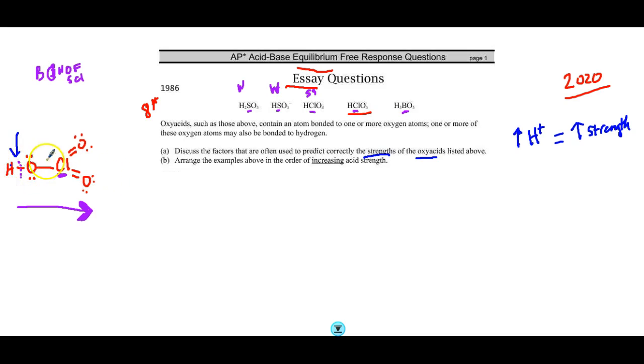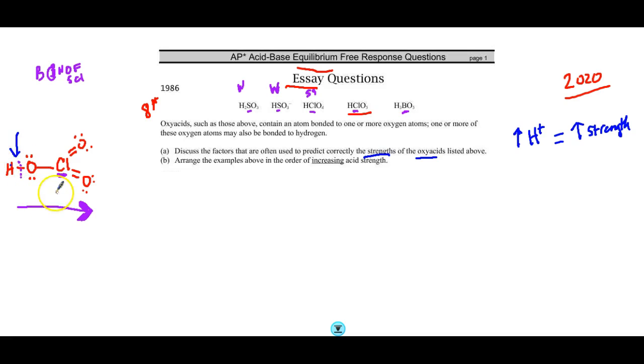As it pulls these electrons toward itself, it's polarizing, basically, this bond and weakening it. And so the more negatives you put over here, the more polarized it is, the weaker this bond. And so the more easily it breaks. It's about less energy. The less energy it takes to break this bond.